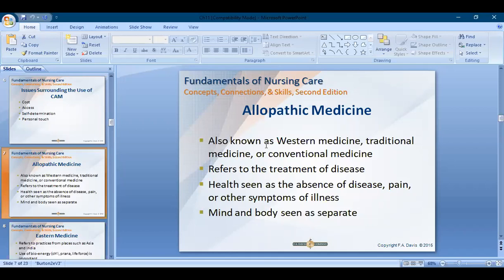Allopathic medicine refers to the treatment of disease. Health is seen as the absence of disease, pain, or other symptoms of illness. Mind and body are seen as separate.